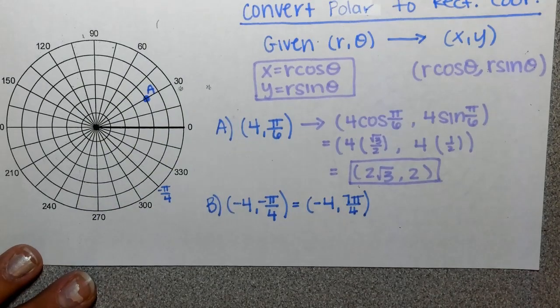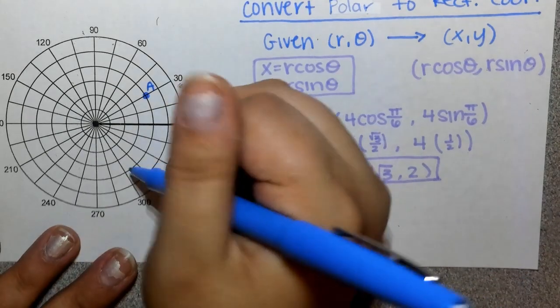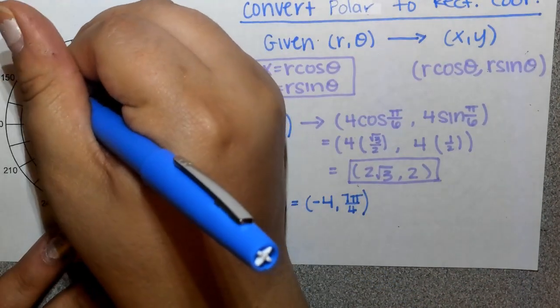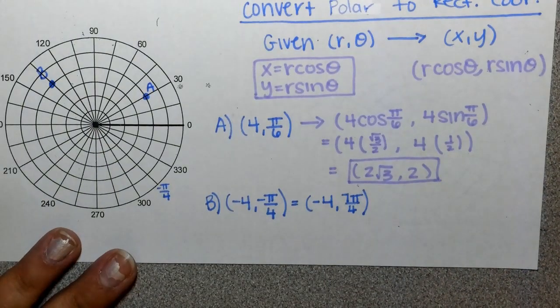Now does this make more sense? So what am I going to do now? Where am I going to plot this point? The other way. Because it's a negative 4, I'm going to go across 1, 2, 3, 4. And this is where point B is. Does that make sense?